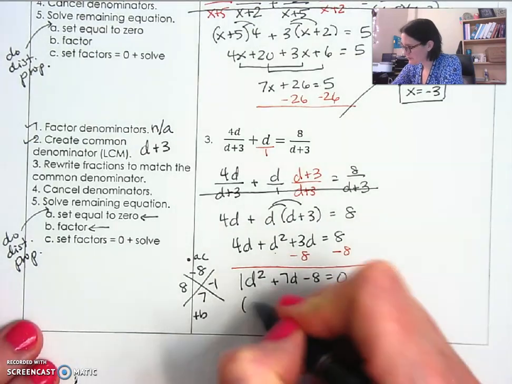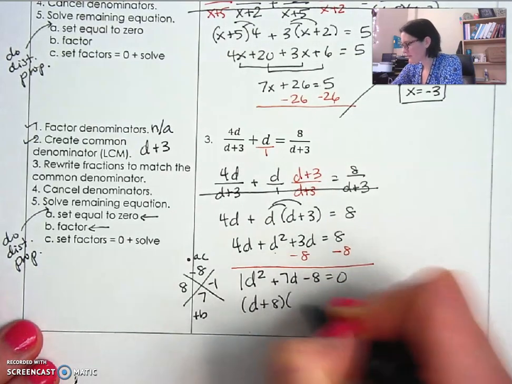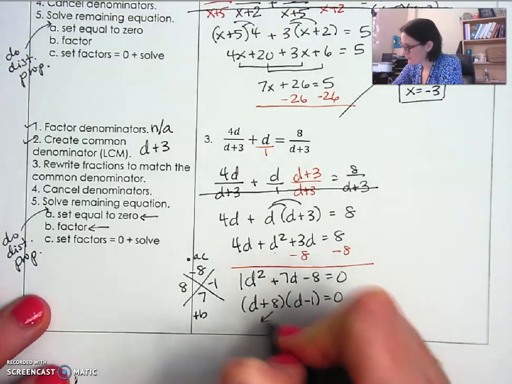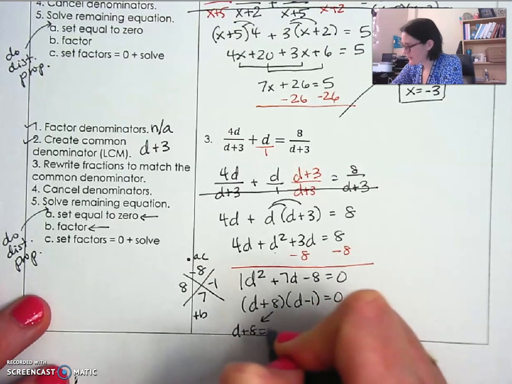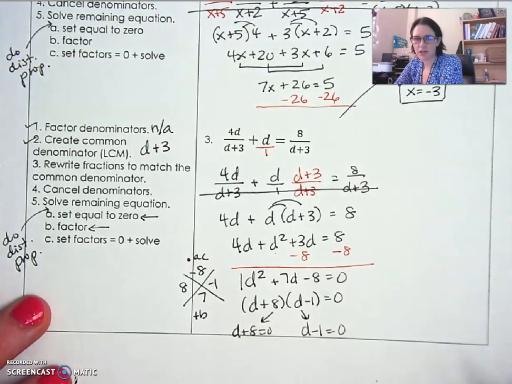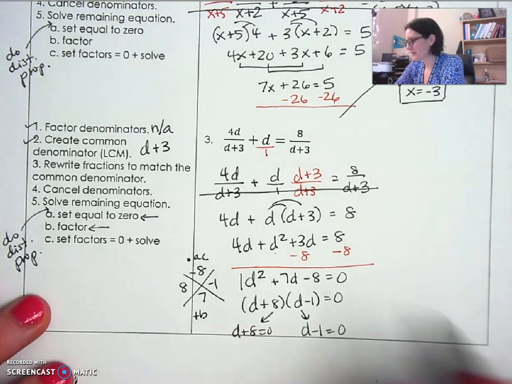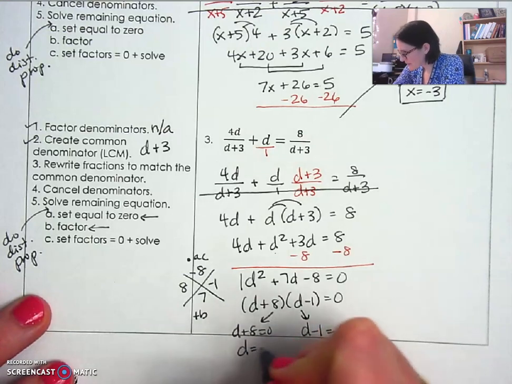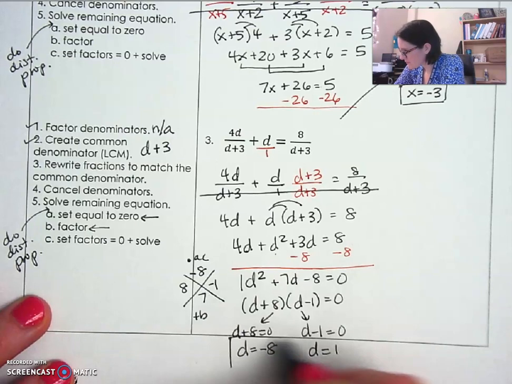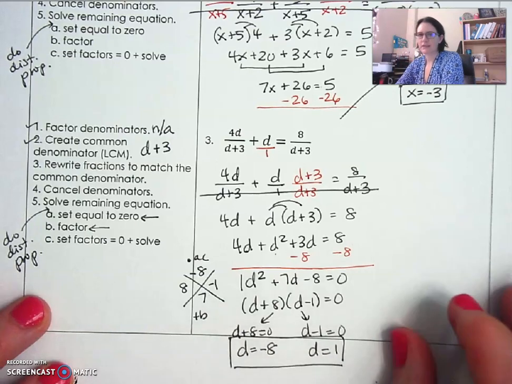So straight to factored form, d plus 8 times d minus 1 equals 0. Set them individually equal to 0. And solve by doing the opposite to both sides. So subtracting 8 here gives me negative 8, and adding 1 here gives me 1. And there we go.